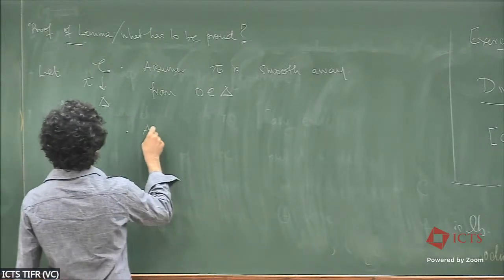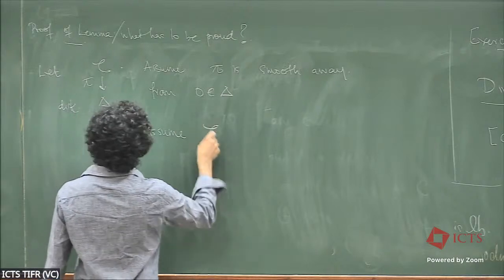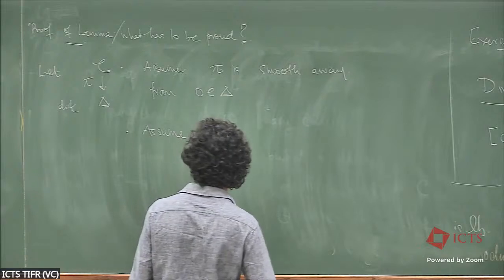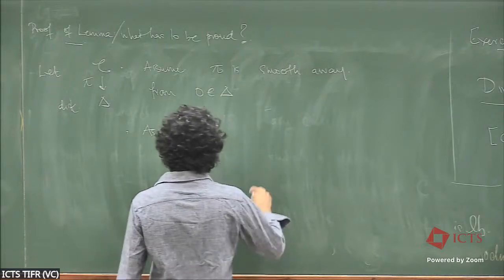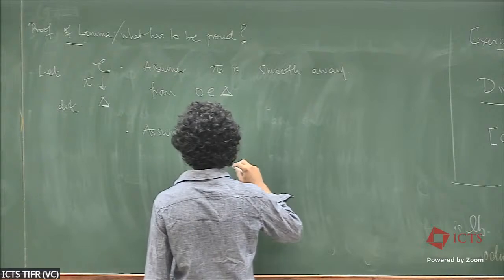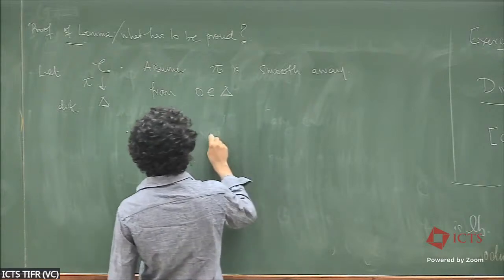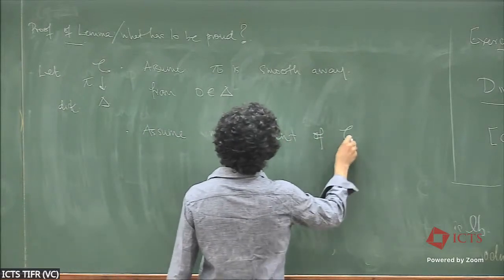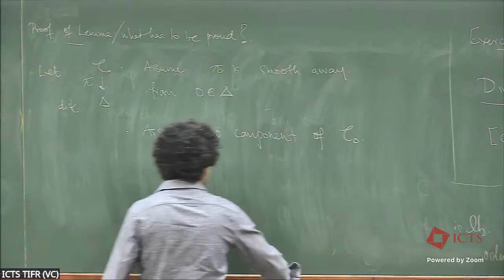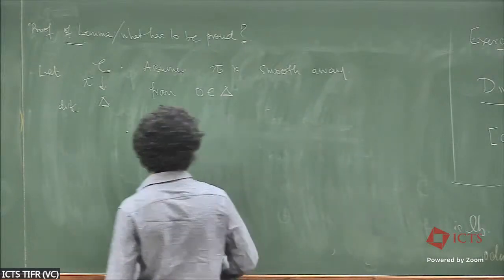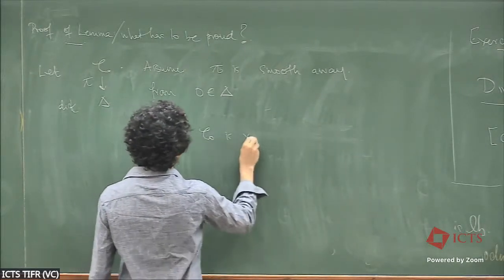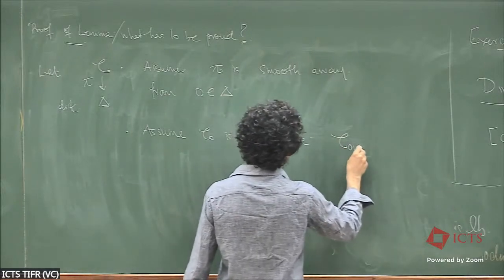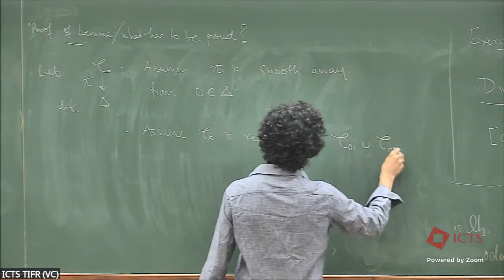And then let's assume that if I take the central fiber, I want to say basically that it's interesting in some way. There are different ways to say this, but let's say I assume C0 is reducible into two components, C01 and C02.